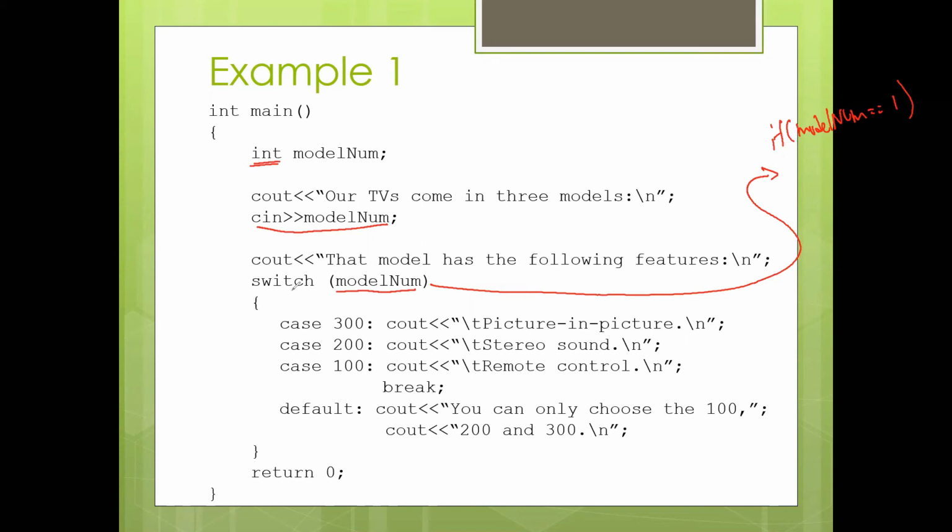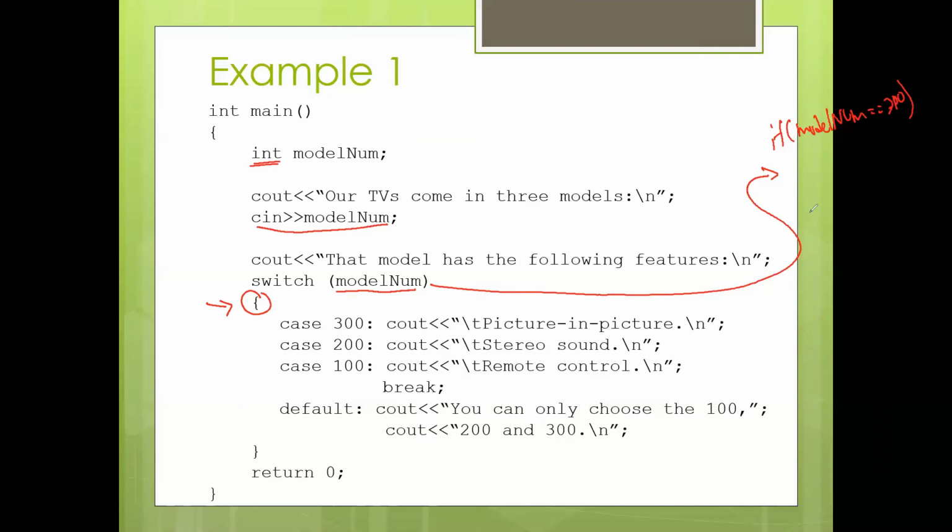Okay, so switch. Okay, semua huruf kecil and then put the model name inside the bracket and then you should have the curly braces open. So case 300, 200, 100, this is the choice. Ini adalah pilihan yang awak beri kepada user. Okay, so kalau kat sini awak boleh buat if model name equal to 300.